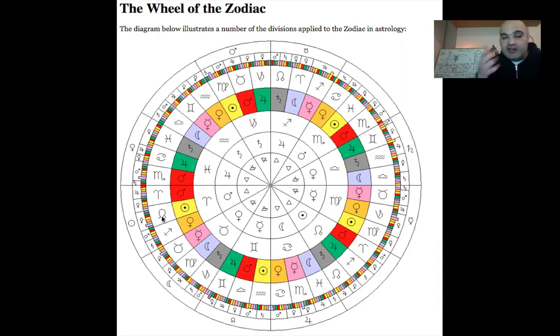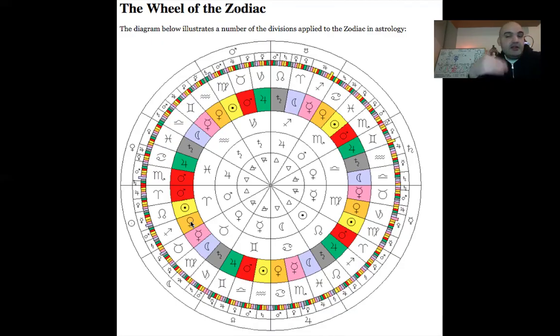Someone born in the second 10 degrees of Aries would be an Aries-Leo, because the second fire sign after Aries is Leo, which is ruled by the Sun. So this decan's ruler will be the Sun. And thirdly, this decan's ruler would be Jupiter in the triplicity system, but as you can see here in the Chaldean system, it's Venus.